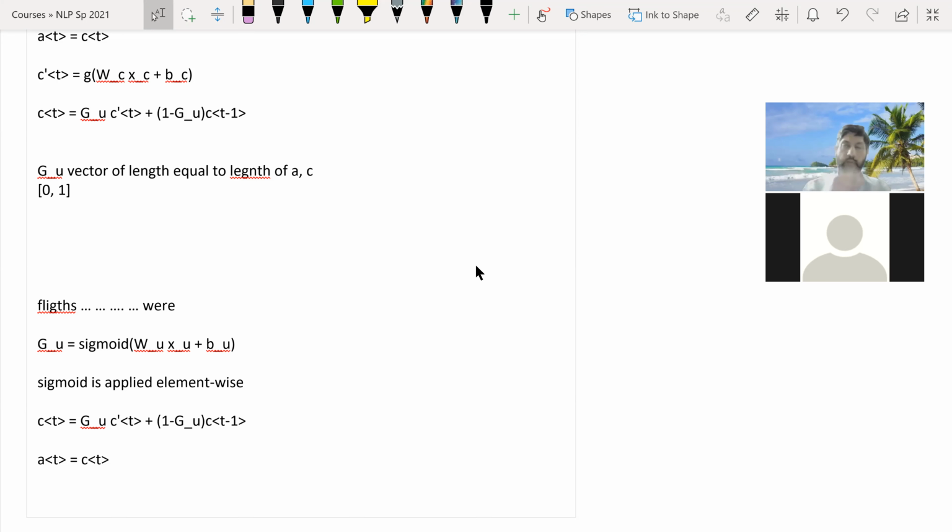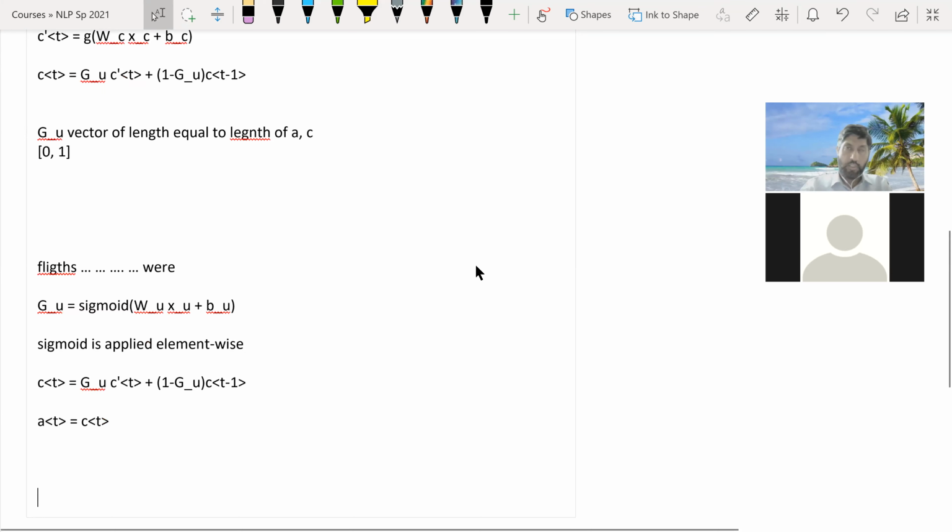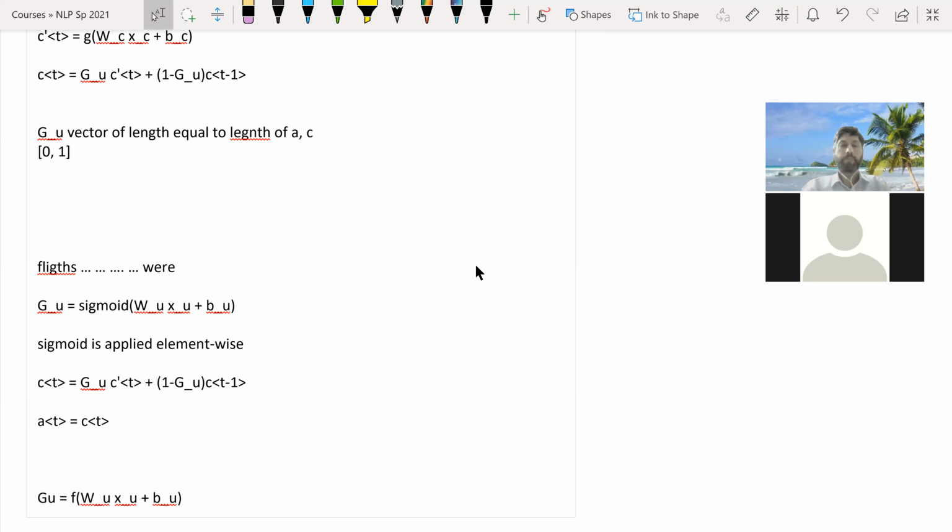And you can do this iteratively to keep, theoretically again, information from very far behind. And the most important thing is all adaptable. Remember, GU is also learned by a function f, which has parameters. So these are parameters.